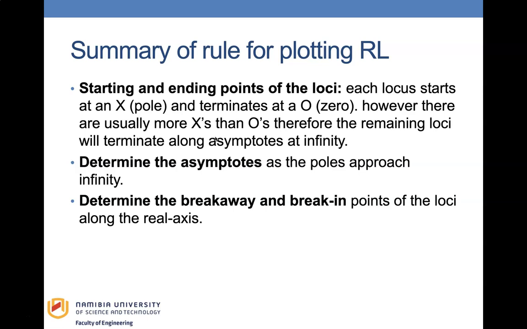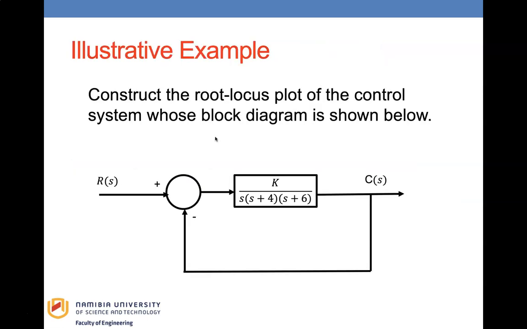Point 5. Determine the asymptotes as the poles approach infinity. And 6. Determine the breakaway and break-in points of the loci along the real axis. I will use this illustrative example to explain the rules during our contact session.